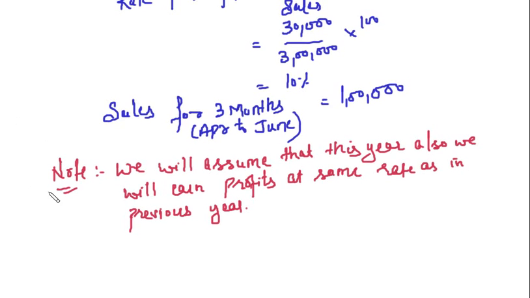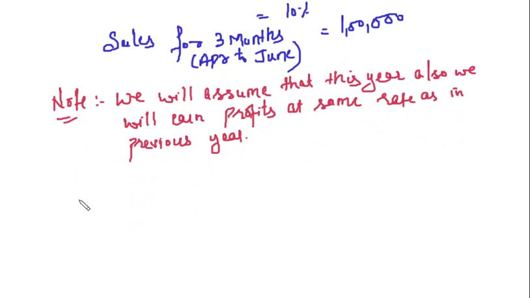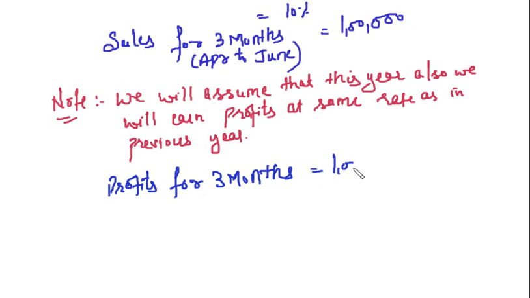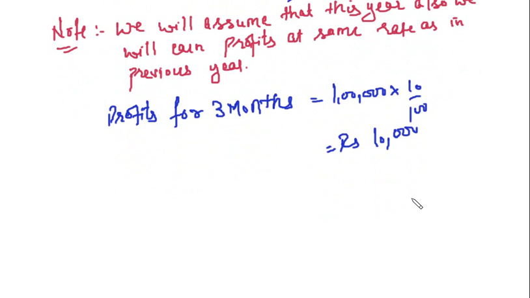Clear? So you can calculate profits for 3 months. We are given the sale for 3 months. What will be the profits for 3 months? Very simple. Sales into rate of profit. So profits for the 3 months will be 10,000. Now you have got the profits for 3 months.